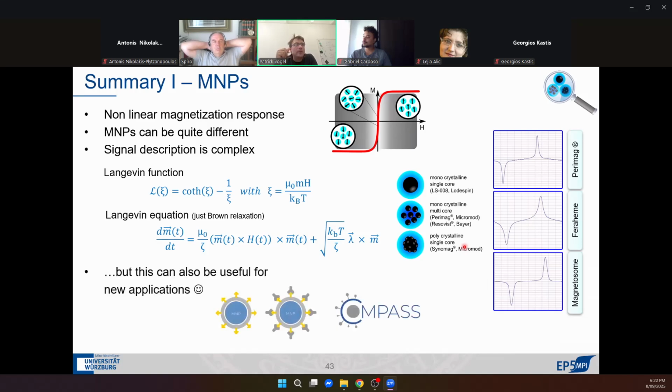And it's not a bug, or a problem, I would say. It's more a feature of the particles, and we are one of the groups looking at what you can do with these different behaviors of the particles, and one of them, you can see, is the compass effect. So that can also be useful.